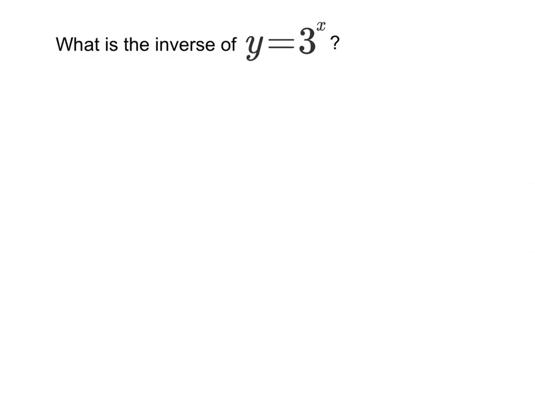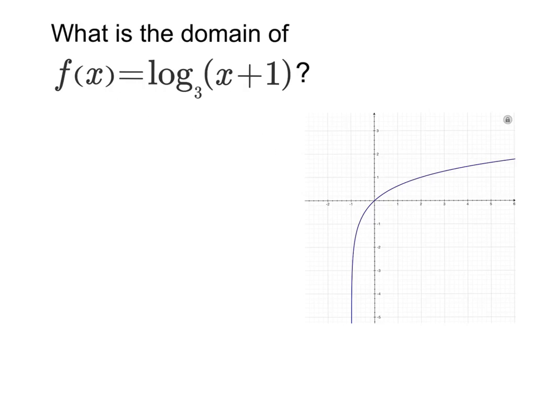So if you were asked to write the inverse of y equals 3 to the x, the inverse must be a log function with a base of 3. So 3 to the x and log base 3 are inverse functions.